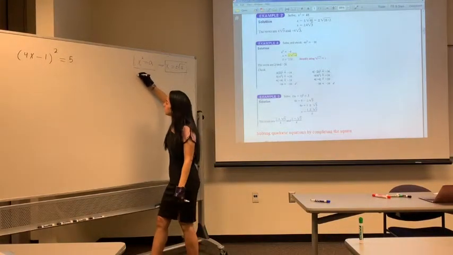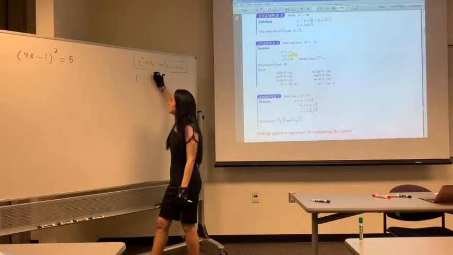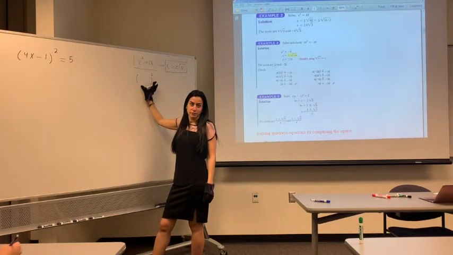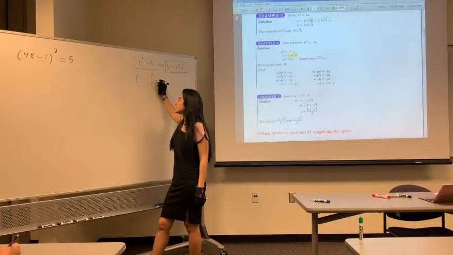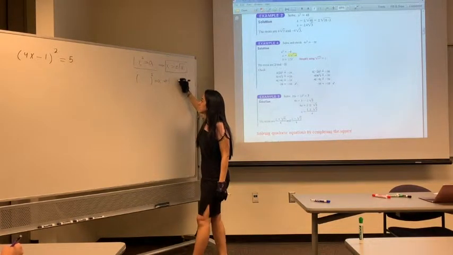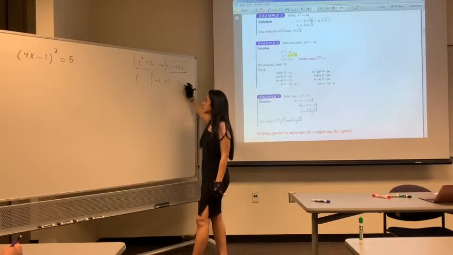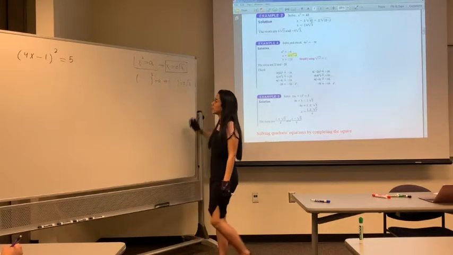We could say whatever could be inside the parenthesis squared is equal to a, and that means whatever we had inside the parenthesis is equal to positive, negative a.